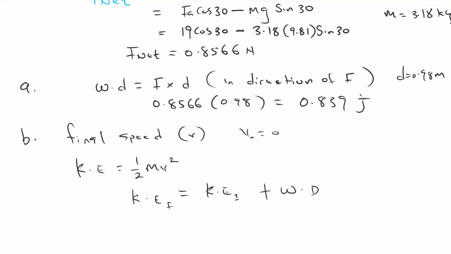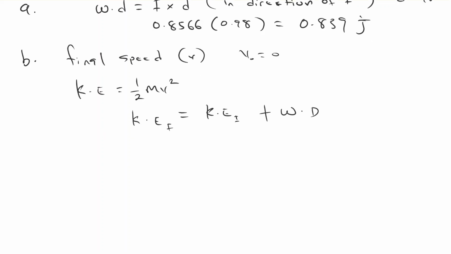If it's done by the book, it's going to be a minus here. Remember, we're told that the initial kinetic energy is 0. So simply put, we have our final kinetic energy as just the work done, which we just calculated in part A of this question.